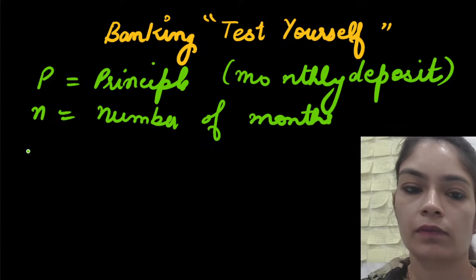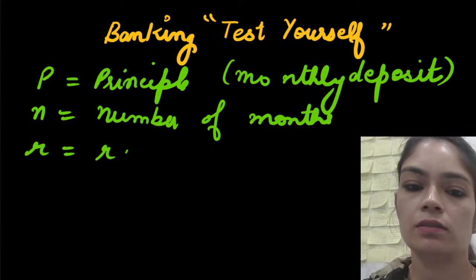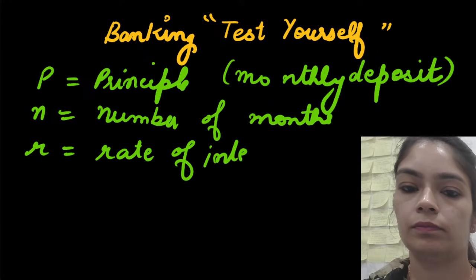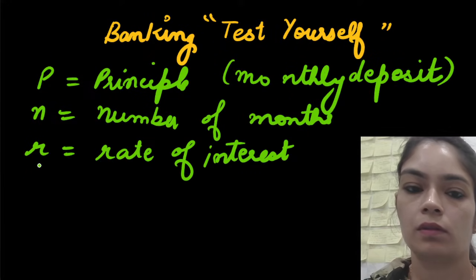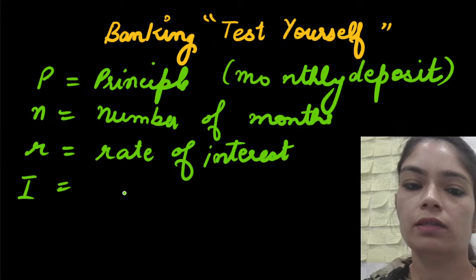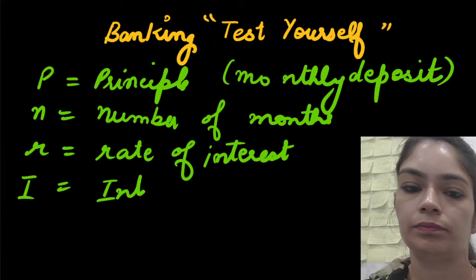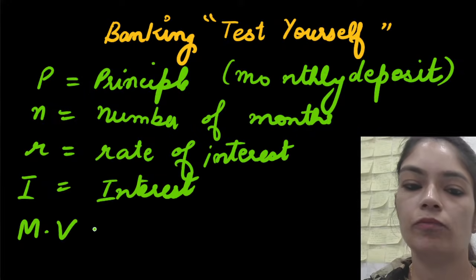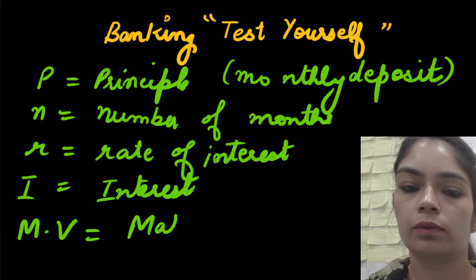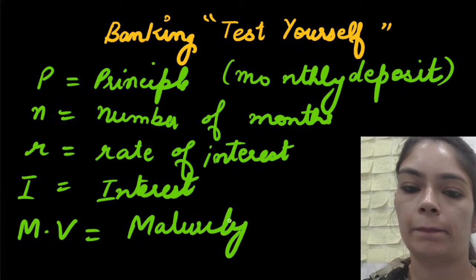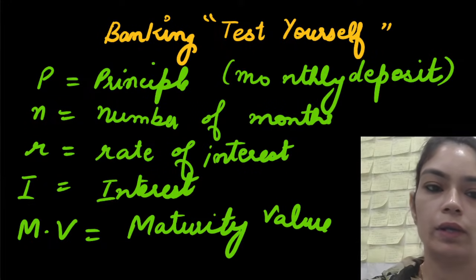R is rate of interest. I is interest and MV is maturity value. These all terms you already know.